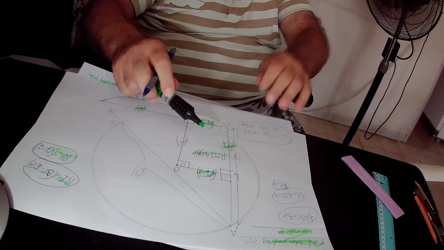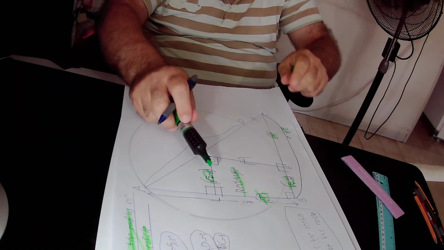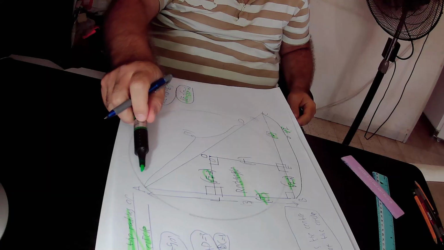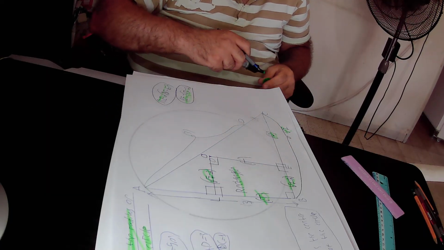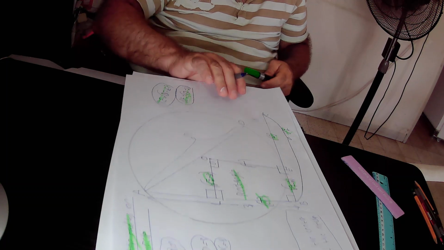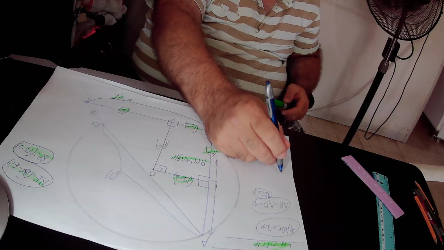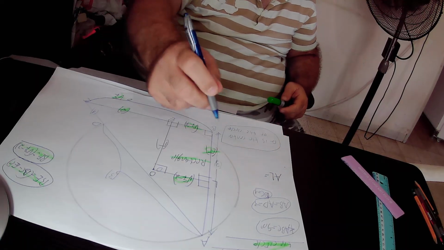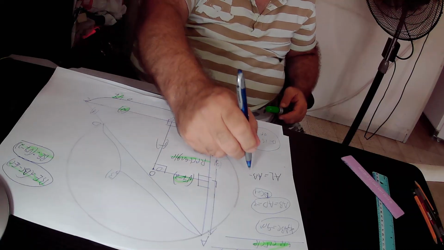What is the length of this missing segment AL? From the drawing it is very easy to see that AL in total equals AB minus LB. So I write down: AL equals AB minus LB.